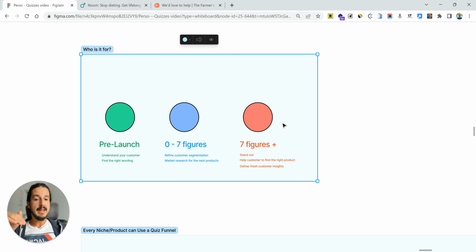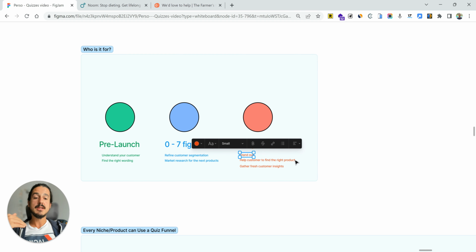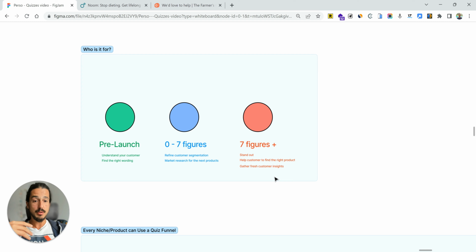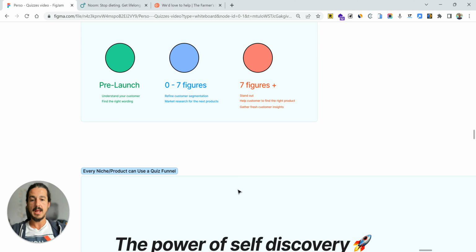Market research, and then if we go up to 7 figures, it allows you to stand out and to help the customer find the right product, because the more you grow, probably the more SKUs you will have. So having a quiz to help the customer navigate this line of products is obviously useful. And of course, you can still gather fresh data as long as you grow.